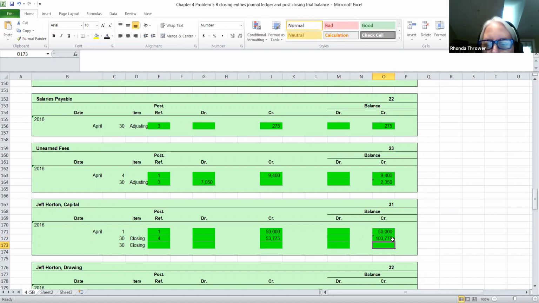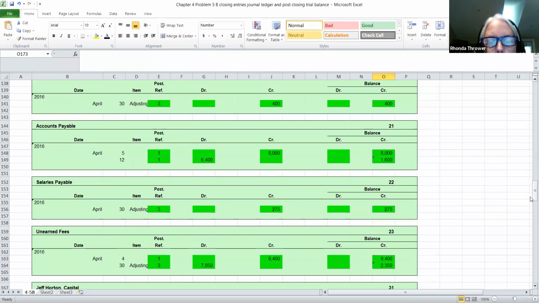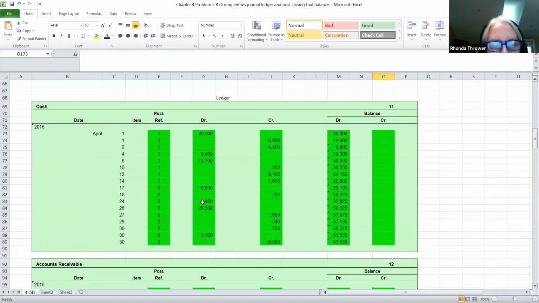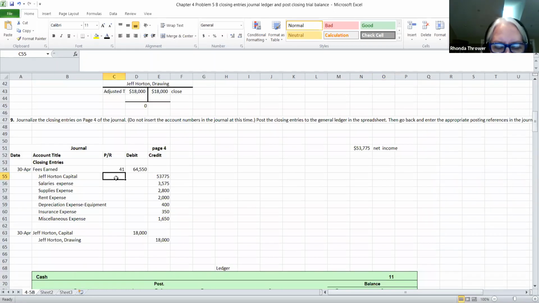So right now I have a balance in my capital account of $103,775. I'm going to pick up my account number, which is 31, and I'm going to plug it right here to show that I have posted the capital account.